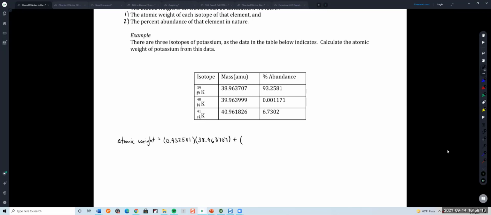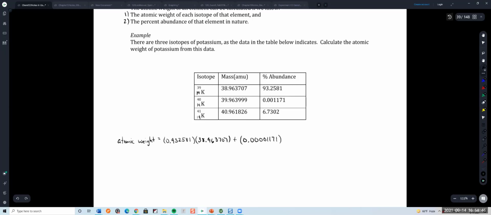Percent abundance for the next one is going to be, what will this number be here? 0 point, 0, 0, 0, 0, 1171.